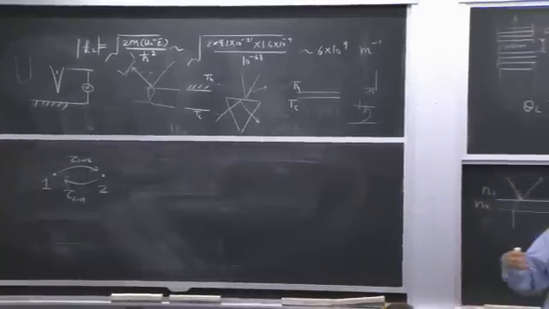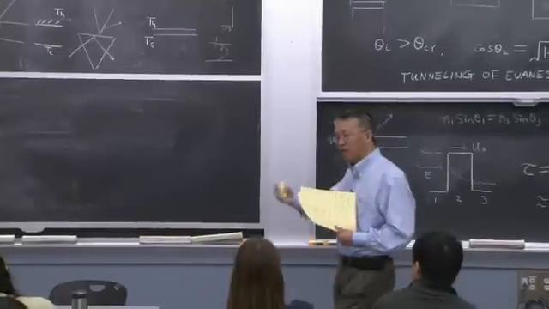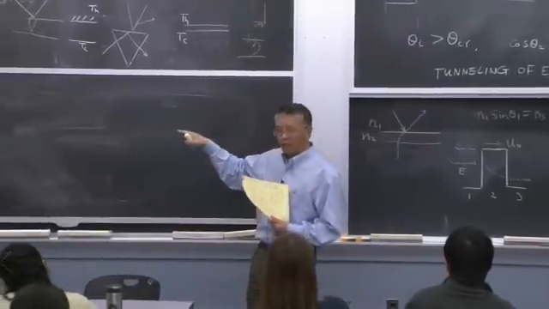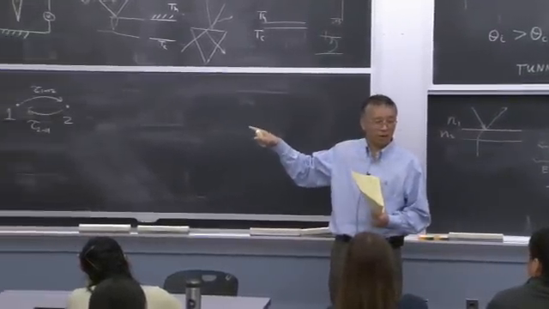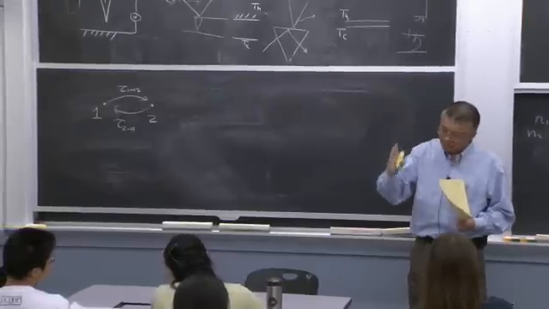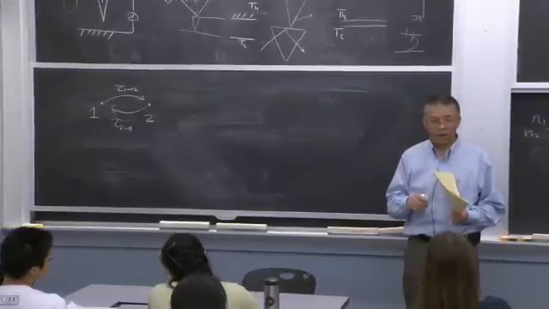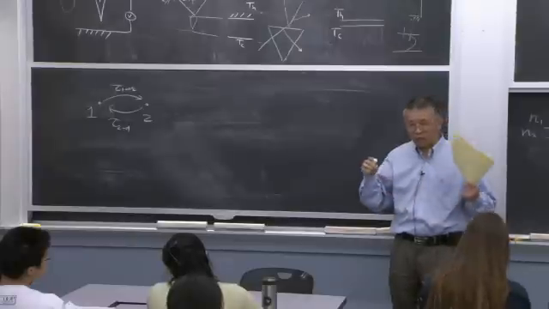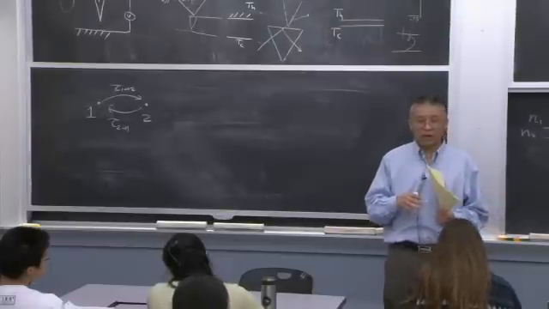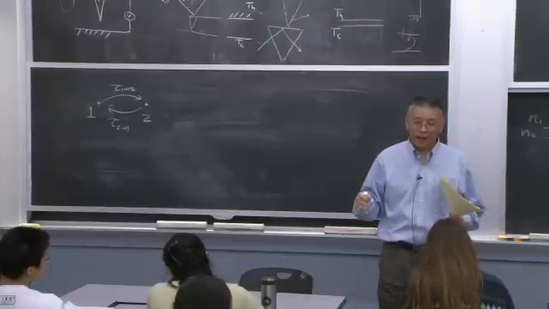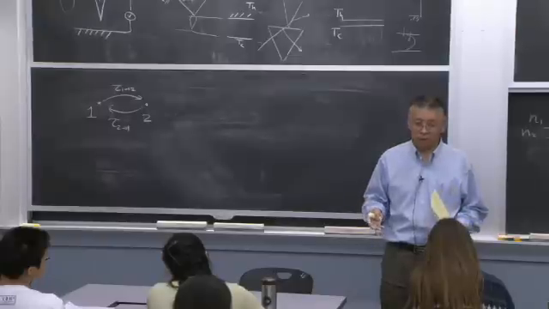And what we have done in the past few lectures is say how we calculate that transmission from one point to the other, be it the interface, be it the many layers, right? So now we can use this knowledge, put the story together, and write down the transport formula.